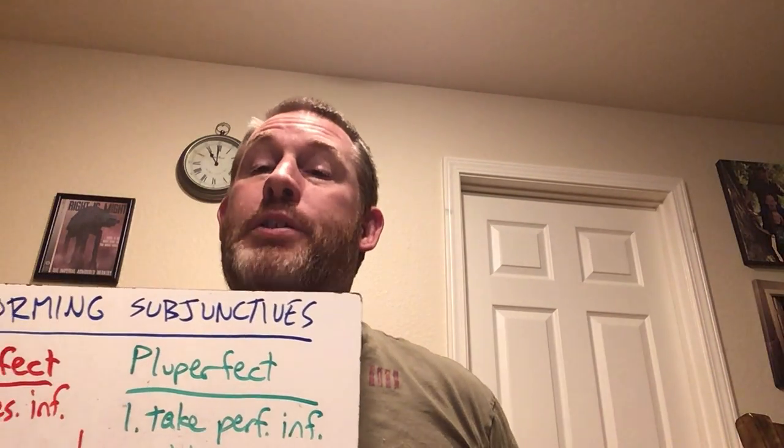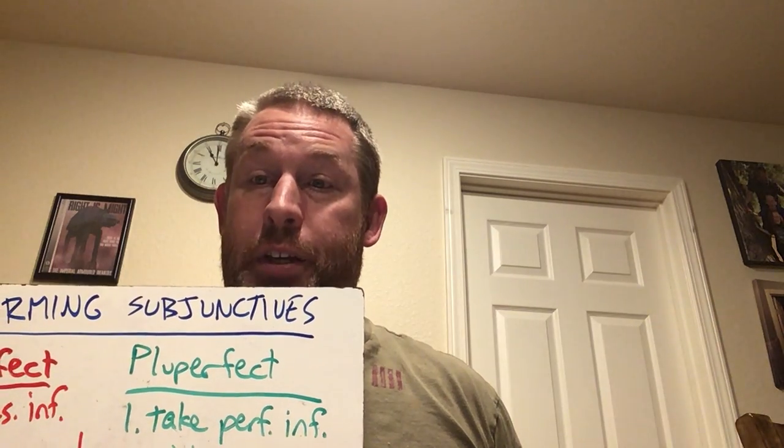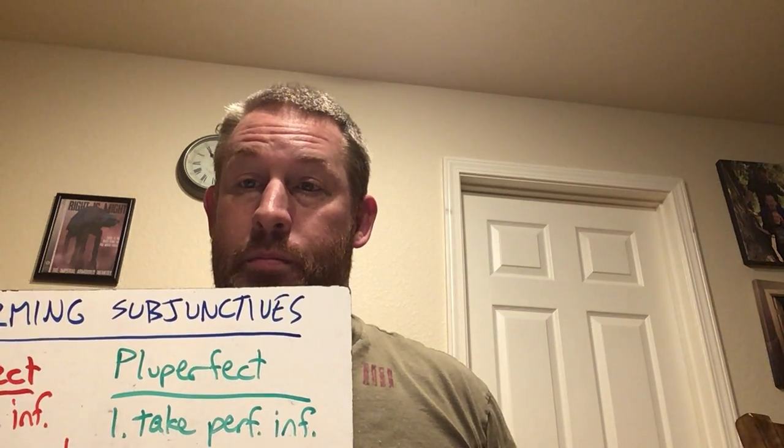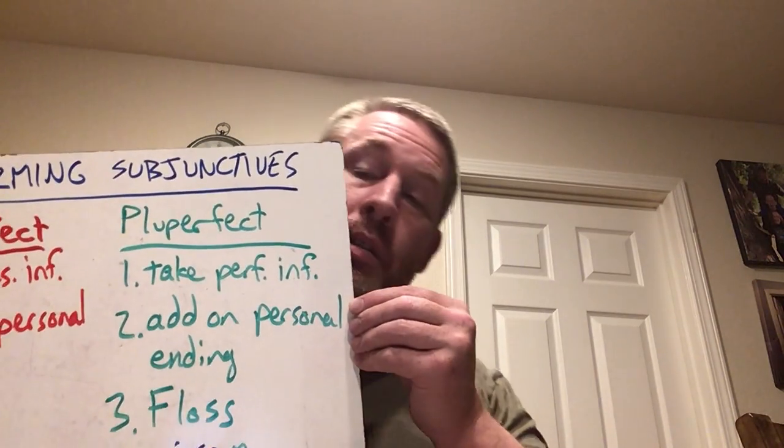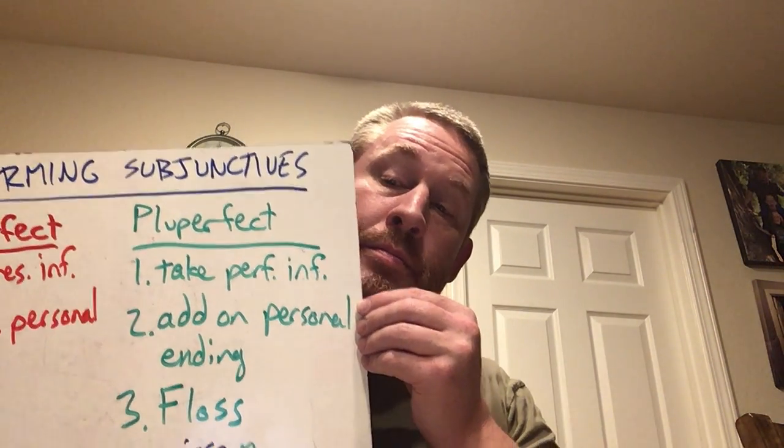That's for the imperfect. Now for the pluperfect, you're going to take the perfect active infinitive. Then you're going to add on the personal endings.